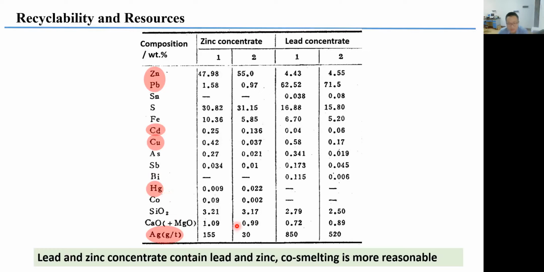So in the extraction process of zinc, we should try to figure out the reaction behaviors of those elements or components. Because of these two twins, zinc and lead, the co-smelting of lead and zinc is commonly organized all over the world.